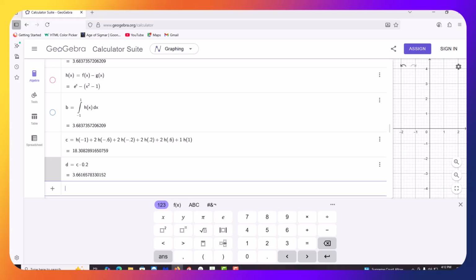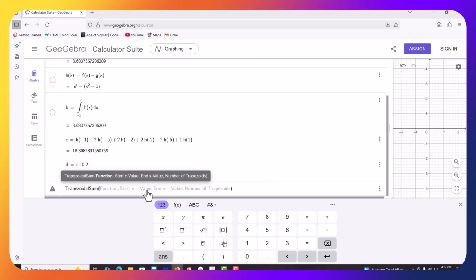Now let's set up a table of values. Trapezoidal sum. Function h of x. Where does it start? Negative 1. Where does it end? 1. And we did 5 trapezoids, right?